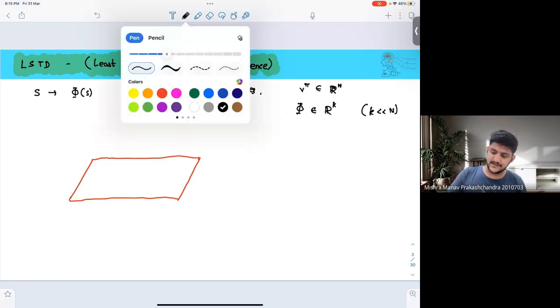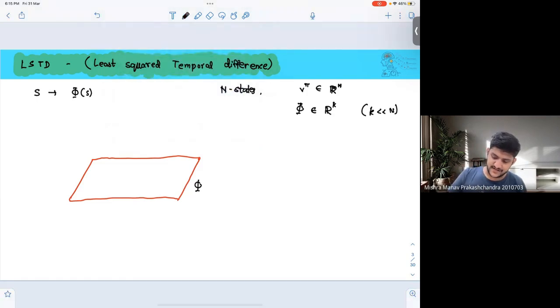Okay, this is the space for my parameterized representation. So here phi, in this case k is equal to 2, because phi is a 2D representation, and my total space is R3. Okay, because beyond that I won't be able to show it on this paper over here, right?